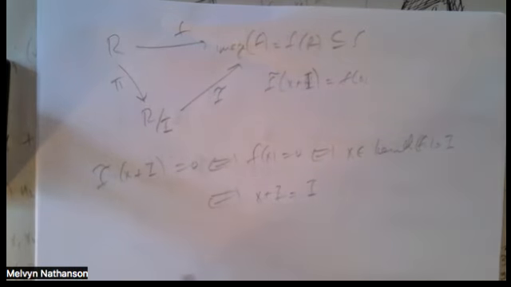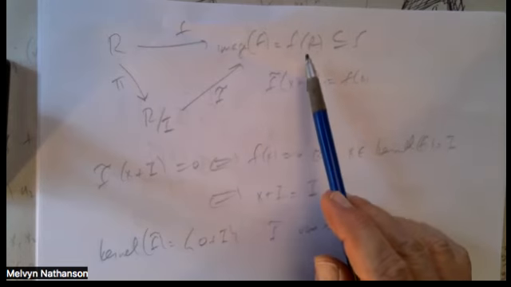So the kernel of F tilde is just the 0 coset, 0 plus I, or I. So F tilde is 1 to 1. And it's onto, because any element F of x is the image.